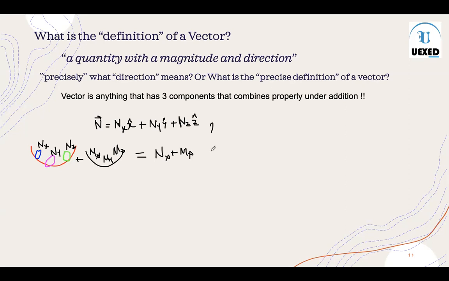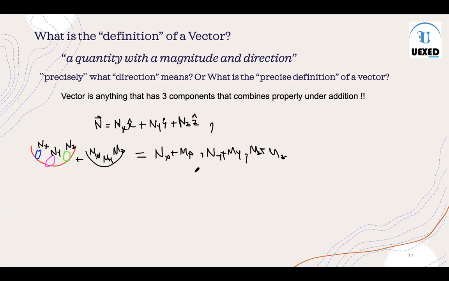Similarly, the y component will be ny plus my, and the z component will be nz plus mz. So if one sees how we represent the vector so far, since we know that a vector is anything that has three components and combines properly under addition, then we can say that this is a vector.